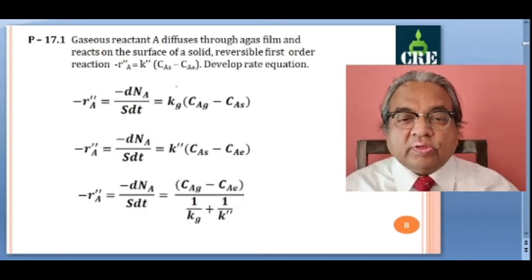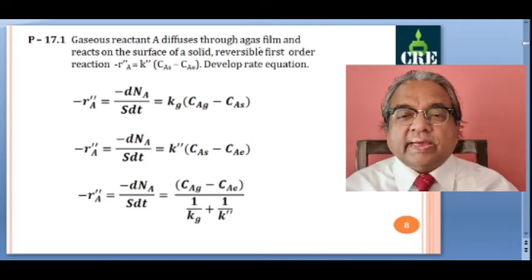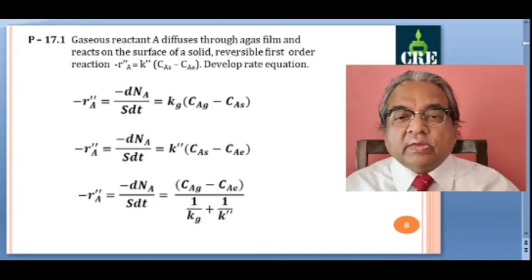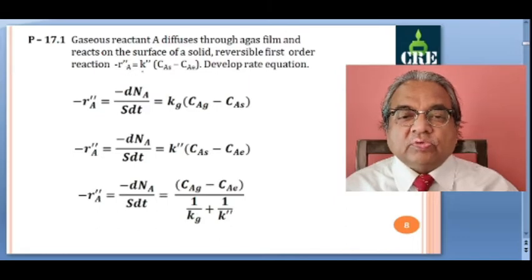Now we will look into the simple problems from the exercise. Here the gaseous reactant A diffuses through a gas film and reacts on the surface of a solid. Reversible first order reaction. Rate is given, minus Ra double prime is equal to K double prime into CAS minus CAE, this equilibrium. So for reversible rate, we have to develop a rate equation.